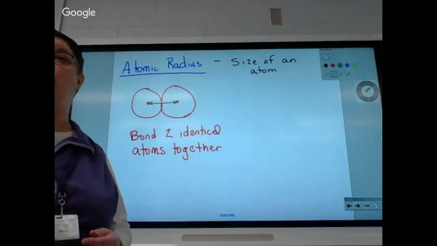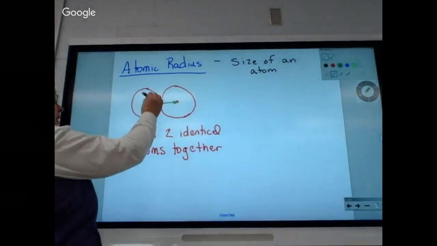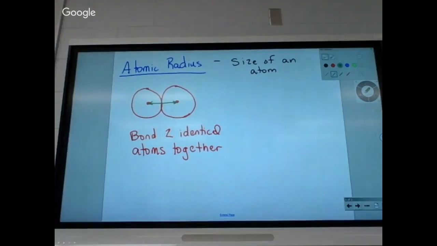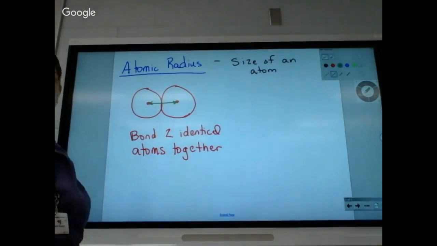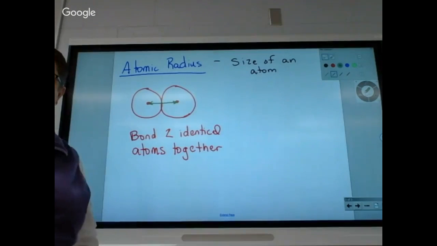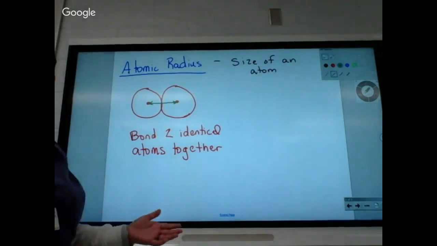Okay? So given that, we can't just measure from the nucleus to the outside of the atom. So it's sort of a rough estimate. So given that, we measure from one nucleus to the other nucleus, which is the diameter. So we just take the diameter and we divide it in half to get the radius.